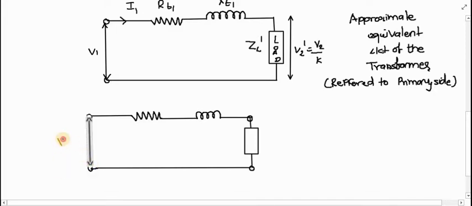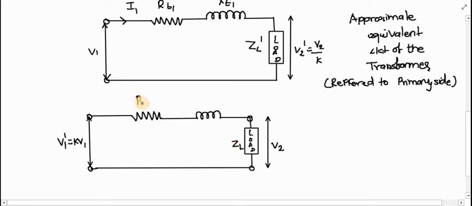Now when V1 is transferred to the secondary side, it will become V1 dash, which is equal to K into V1. V2 I am not transferring, so I will write down V2 as it is. I am not transferring the ZL, that is load impedance, so ZL as it is.